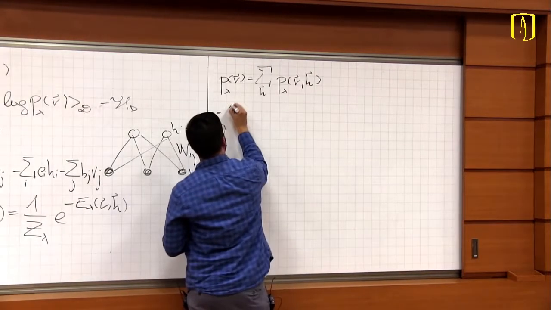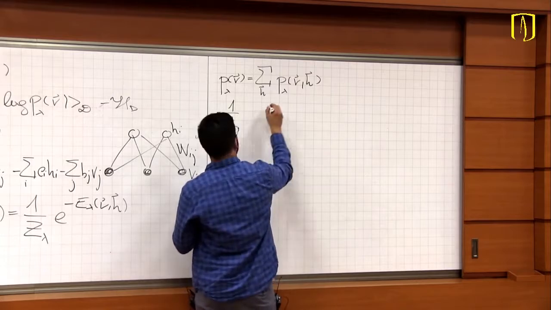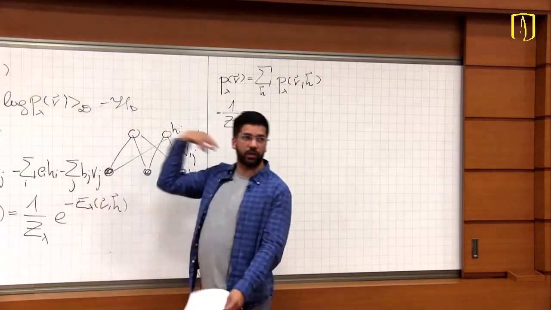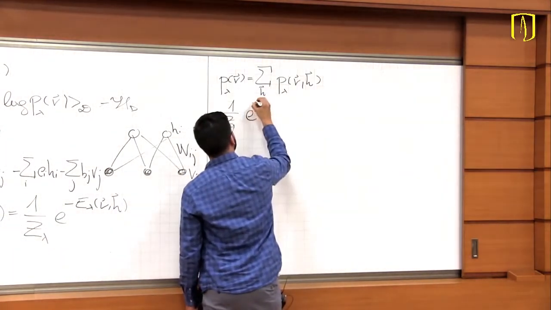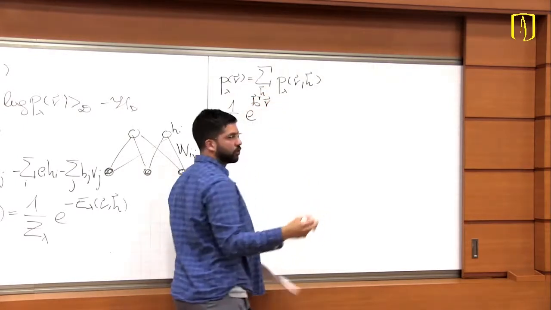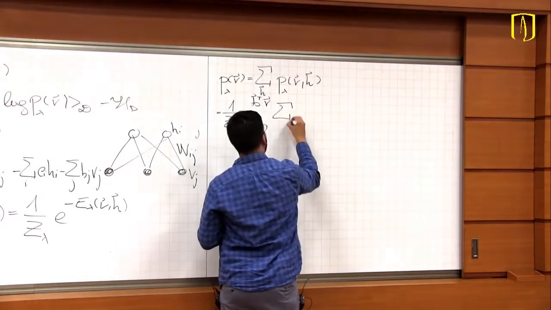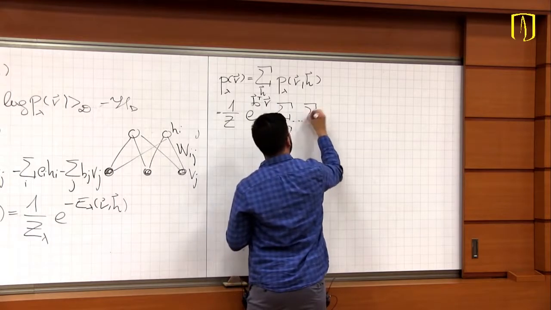And so let's have 1 over Z. This part here does not depend on H, so I'm just going to put it in front. Let me say b transpose V, just shorthand notation. And then we have the sum over all possible hidden states.